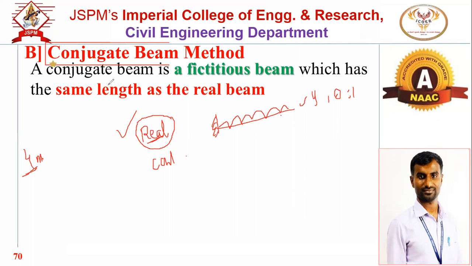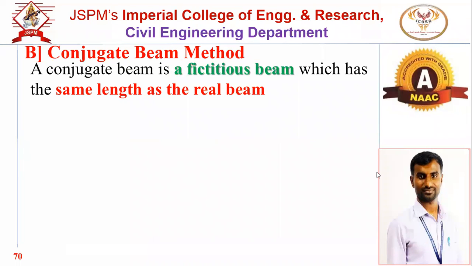But this conjugate beam is the imaginary beam, or we can say fictitious beam. Fictitious is nothing but imaginary, or we can say dummy beam, which has the same length as the real beam. If the real beam has a 4 meter span, then the conjugate beam also has a length of 4 meter span.